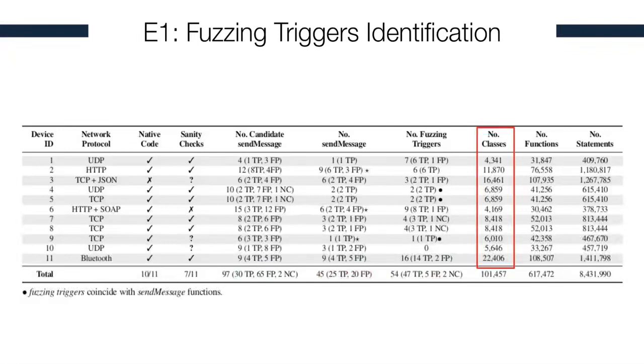Also our effectiveness doesn't depend on the size of these apps, because the size varied from 4,000 lines to 22,000 lines of code, but the precision of our technique remained the same.